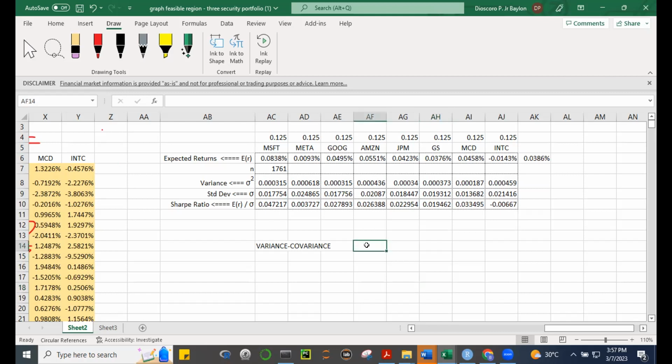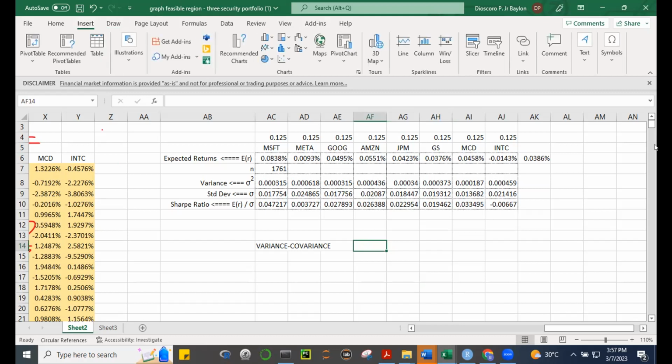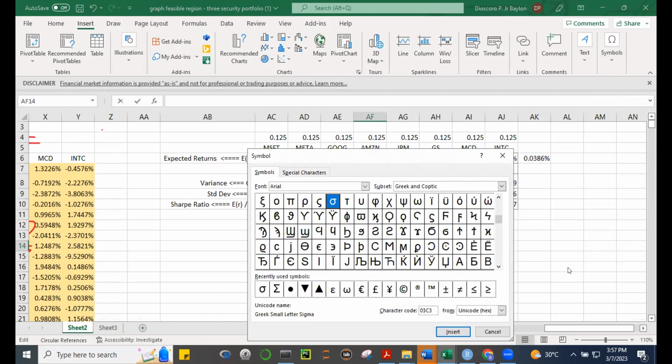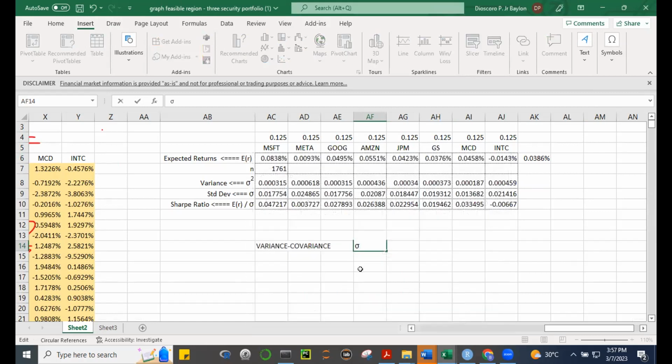Okay, let me write the form, class. Let me insert symbols, and then let me use the capital. Ito na lang. Insert. All right, IJ. It's the variance covariance.